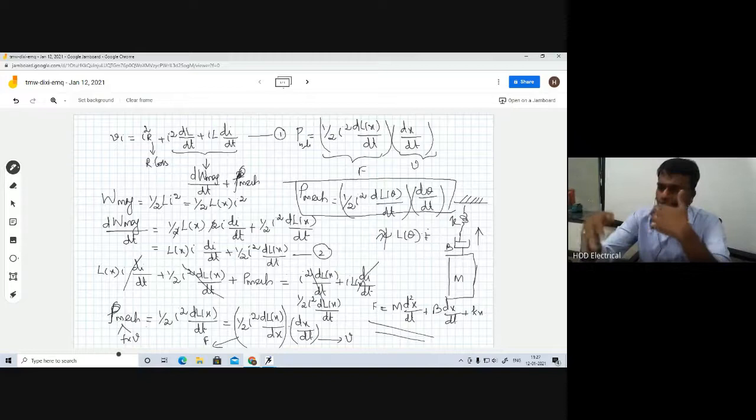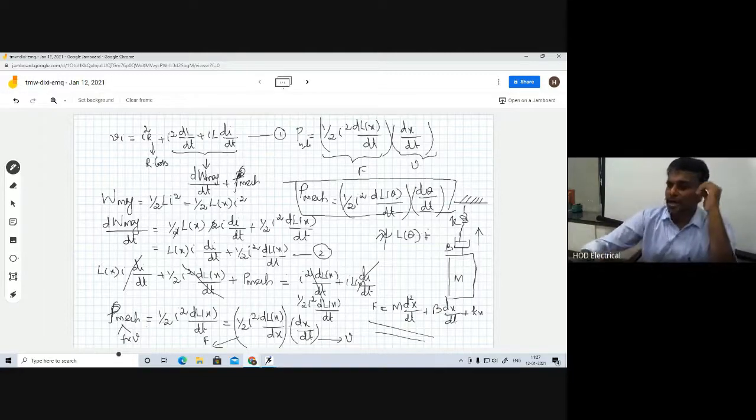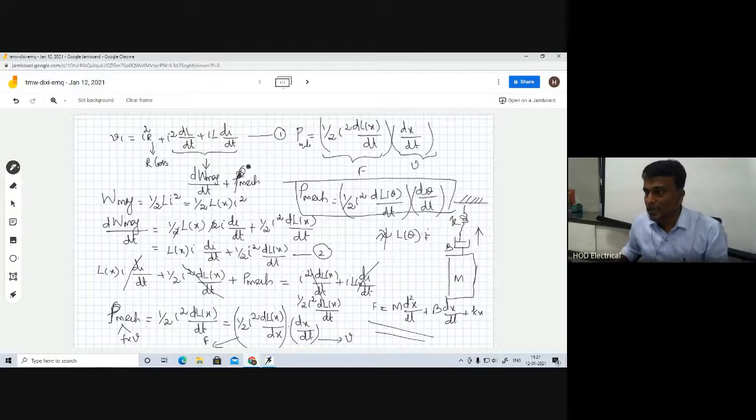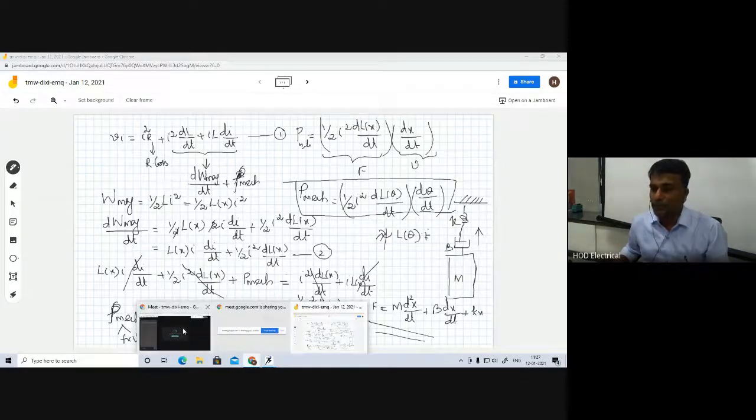At the same time, for rotational motion, it is torque into angular speed, torque into omega, where omega is nothing but d theta divided by dt, and torque is nothing but half I square into dL(theta) divided by d theta. With this, I would like to conclude today's presentation.